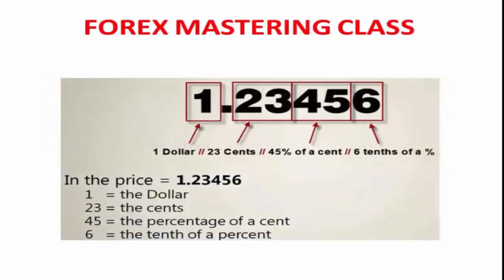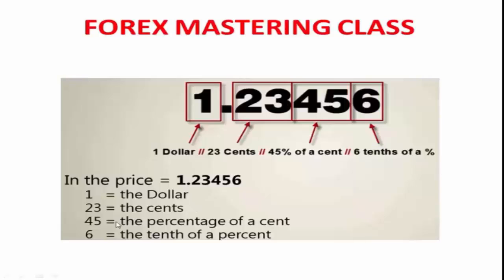Let me explain this. Let's say we have EUR/USD now, and this is what the currency value is. So this is a dollar, and this is 23 cents, and this is 45% of the cent, and this is 6/10 of a percentage.